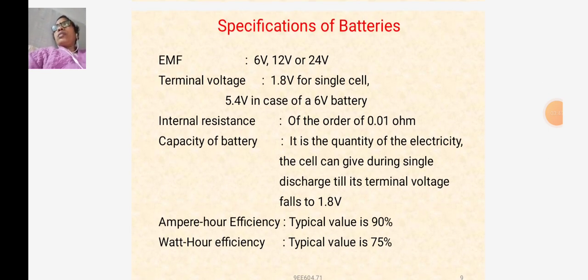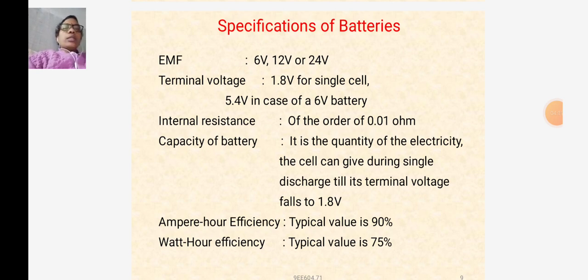The battery has a few specifications. The battery EMF is 6 volts, 12 volts or 24 volts. Terminal voltage is 1.8 volts for a single cell, and 5.4 volts in the case of a 6 volt battery. Internal resistance is of the order of 0.01 ohm.